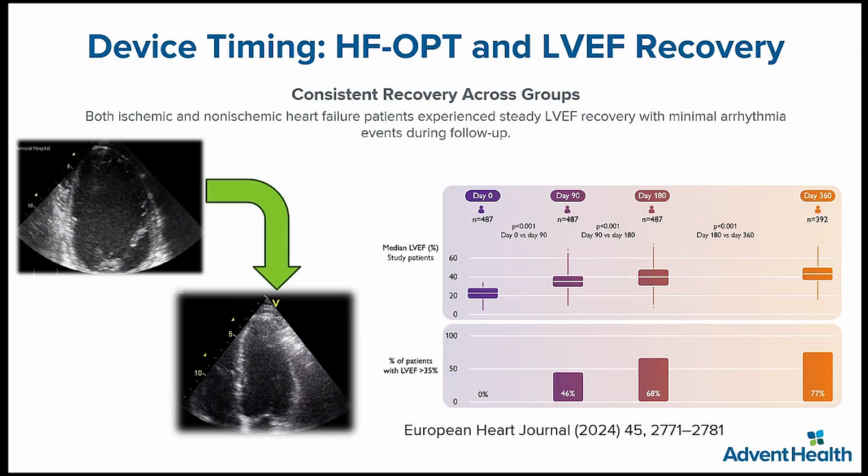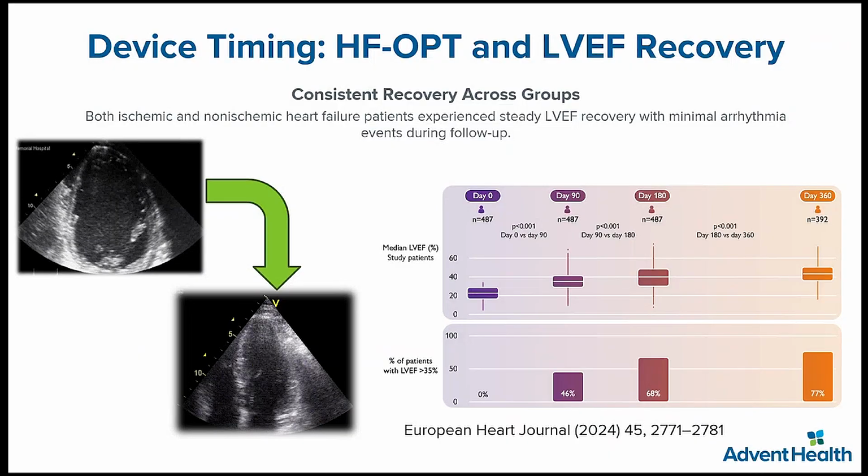And so this is raising some interesting questions in the heart failure community as to whether or not 90 days is still the appropriate waiting, or should we give the patient and their GDMT more time to see if they even need the ICD, or whether or not guideline-directed medical therapy is all they need.